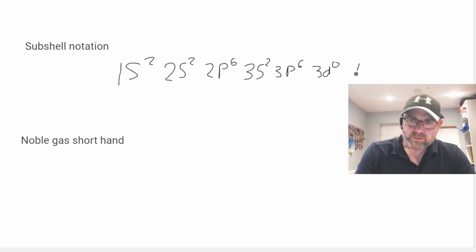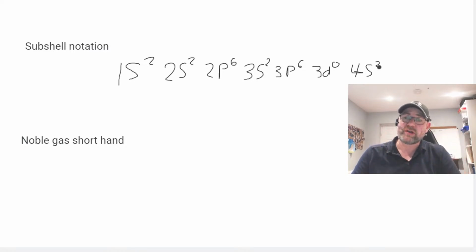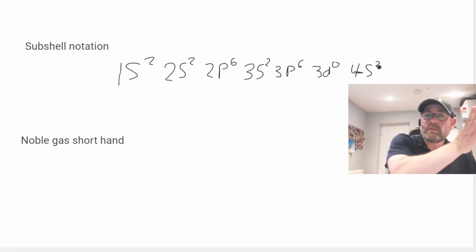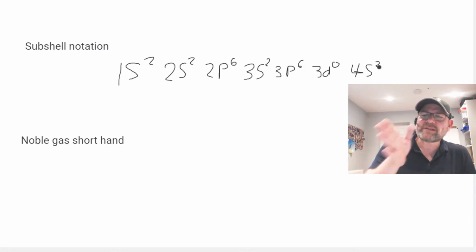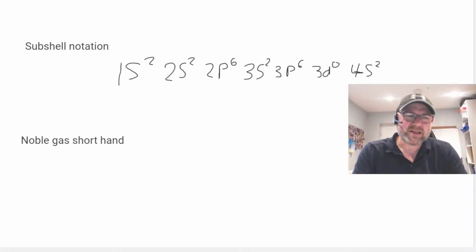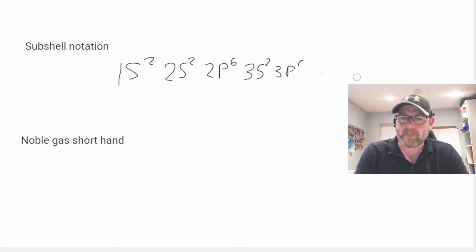And then there would be the 4s. Now, weirdly, this is the anomaly in chemistry: in Chemistry A level anyway, the 4s fills before the 3d. So I'm going to get rid of my 3d, and I'm going to rewrite that by putting my 4s straight after the 3p.